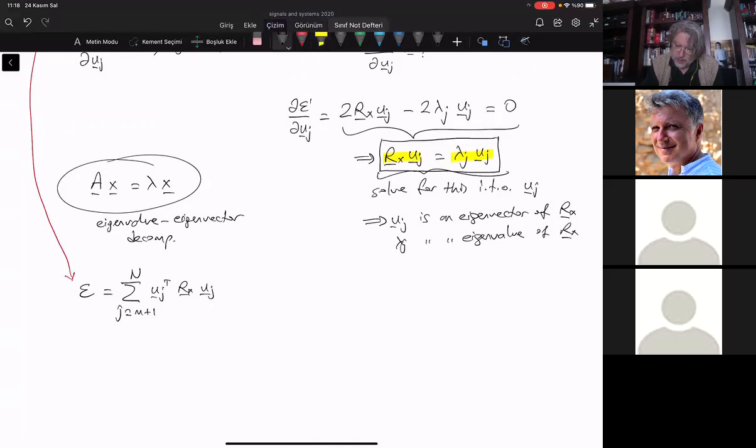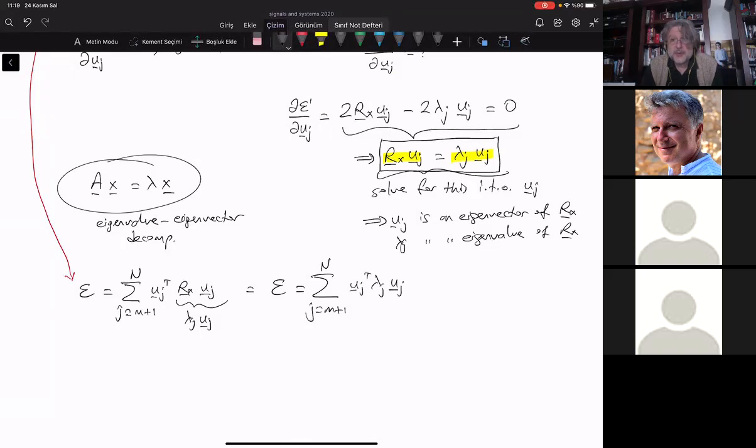So this is lambda j uj, which means epsilon is equal to summation j from m plus 1 to n of uj transpose lambda j uj. But lambda j is just a scalar, and we have therefore lambda j times uj transpose times uj.